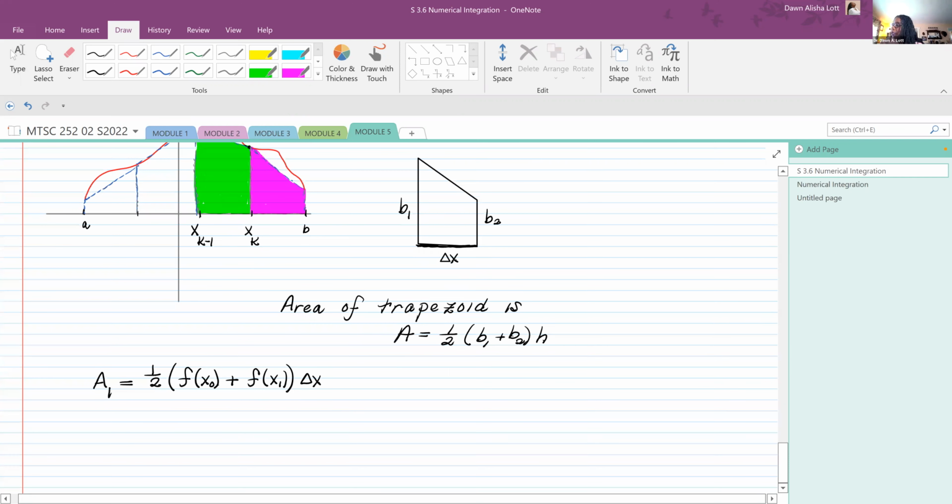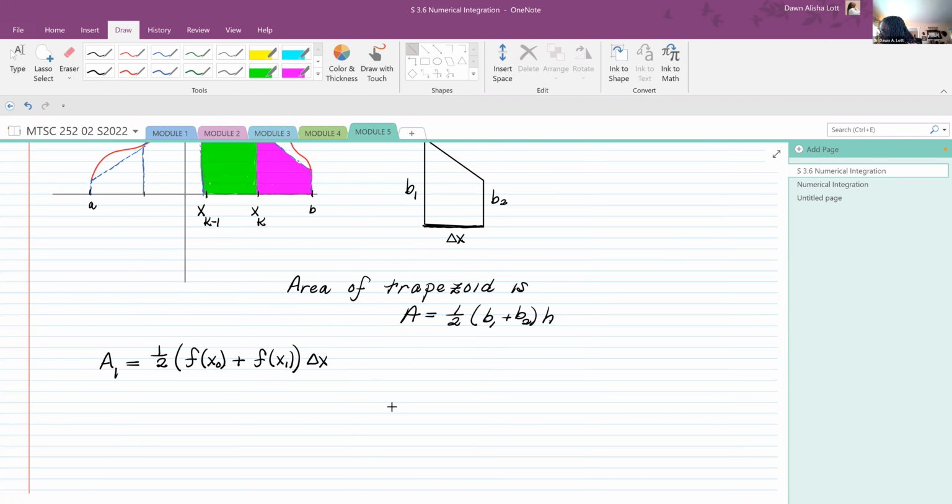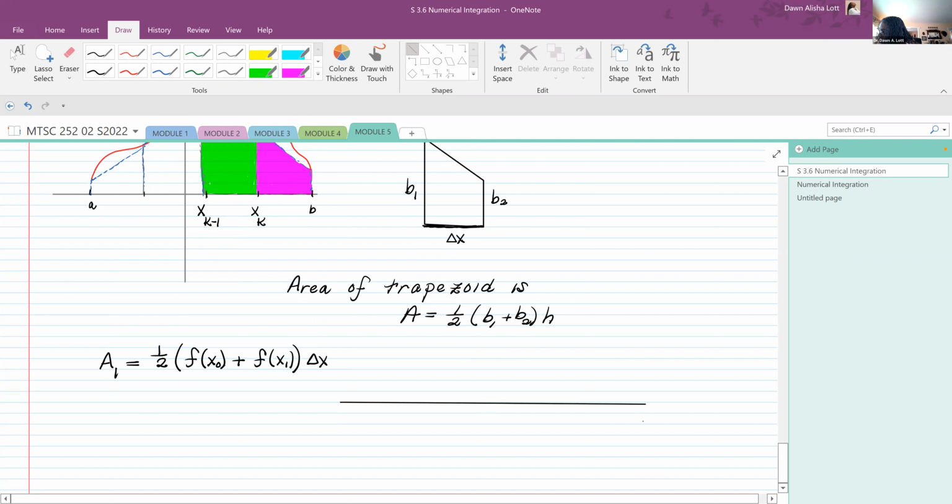Well, again, I took my interval and divided it up into a bunch of pieces. Here is a, otherwise known as x0, x1, x2, x sub n minus 1, x sub n, otherwise known as b.